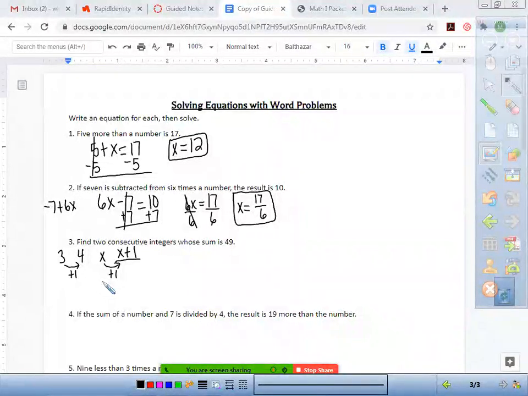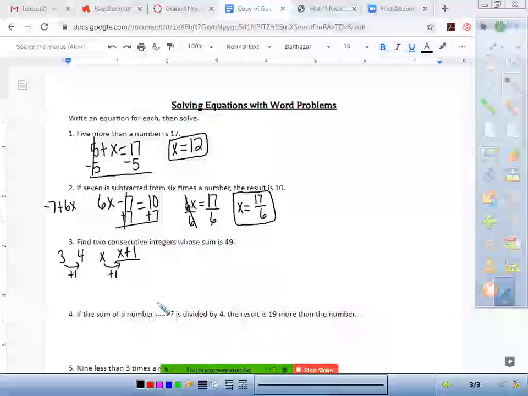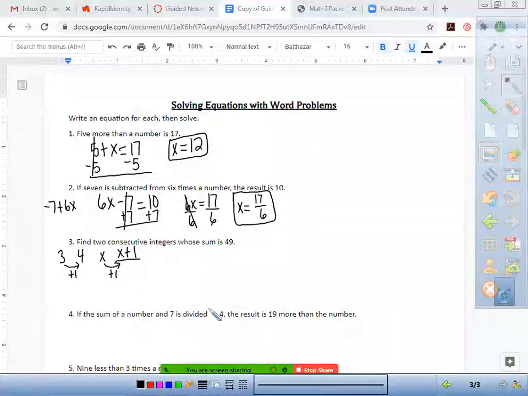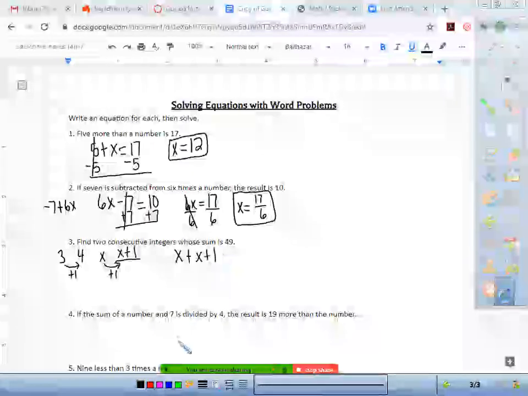No. So I can't directly add them together, like I think you guys were trying to say, like it would be 1x. I can't add those together because they're not like terms. But I can write them as x plus 1. So when it says 2 consecutive numbers, that means that one of them is going to be x, and the other one is going to be x plus 1.